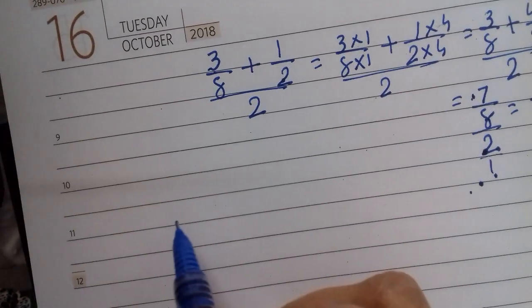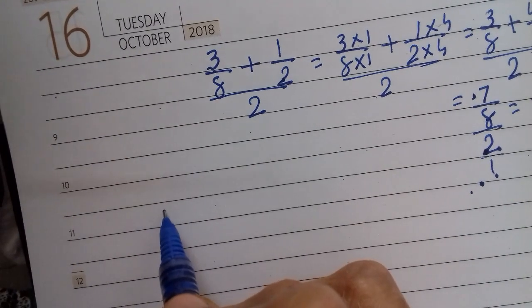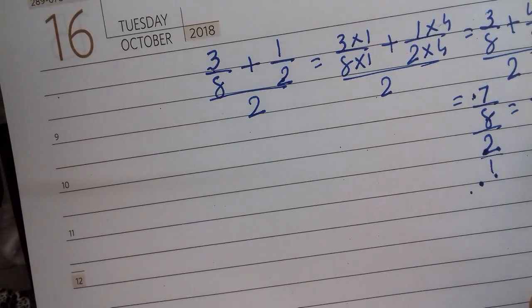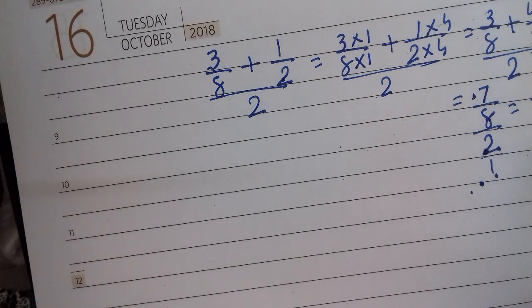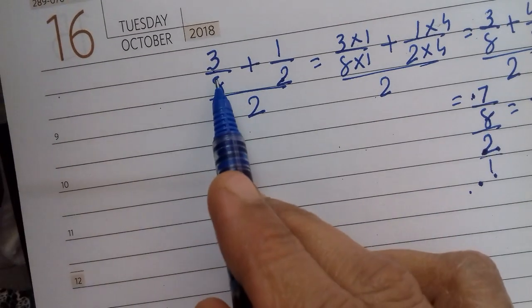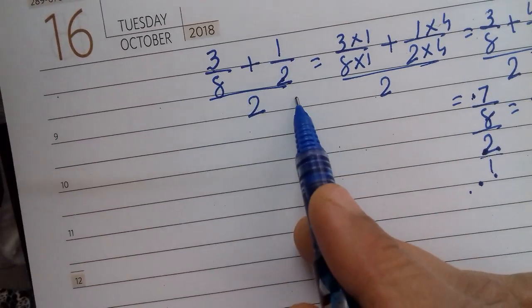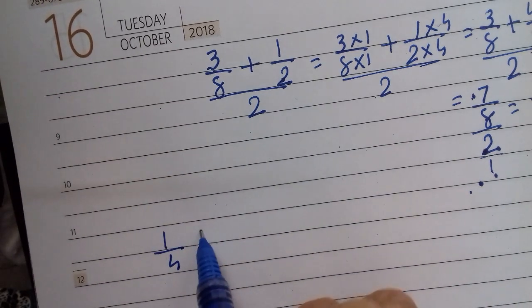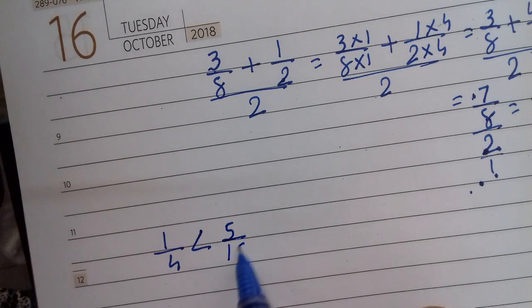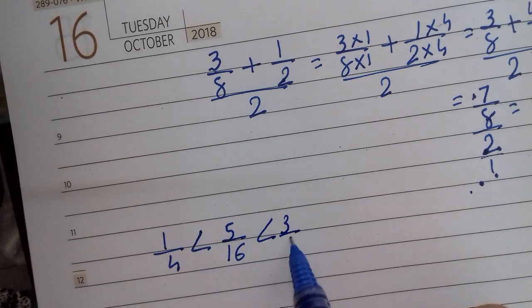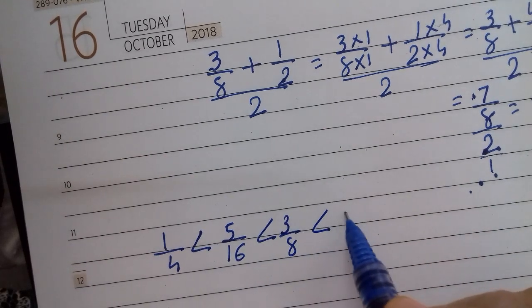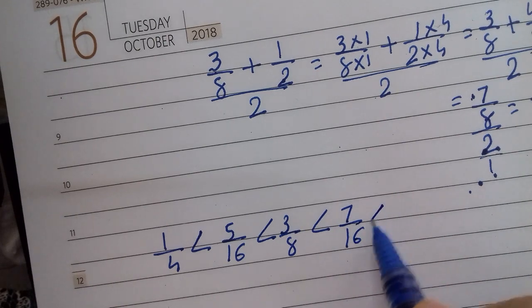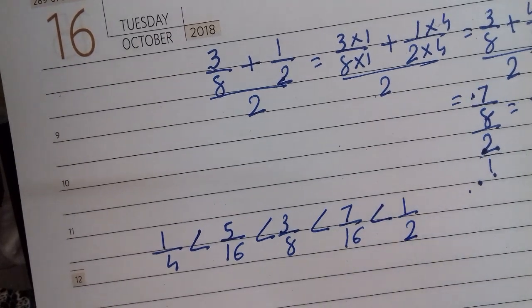So 7/16 is the mean of 3/8 and 1/2. So we will write 1/4, 5/16, 3/8, 7/16 and 1/2.